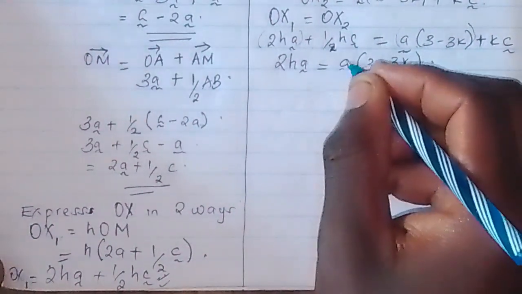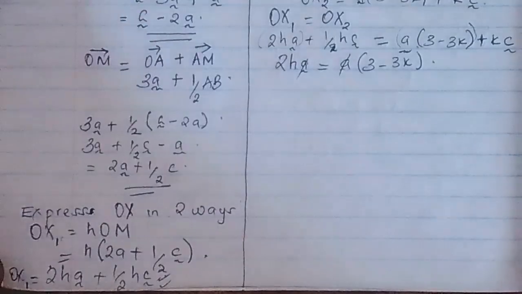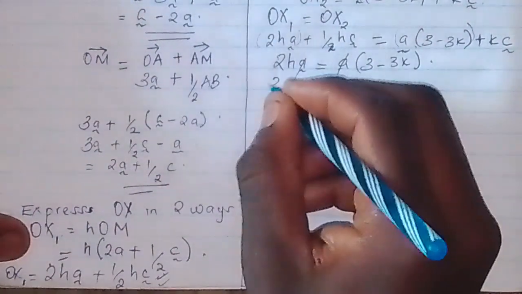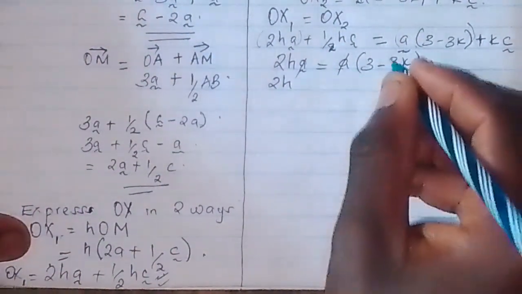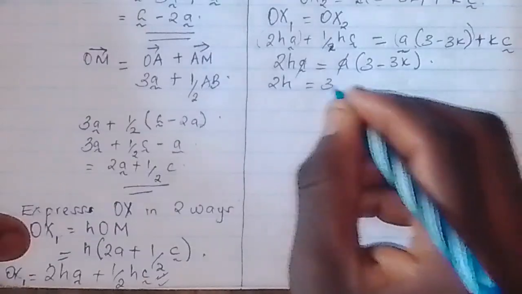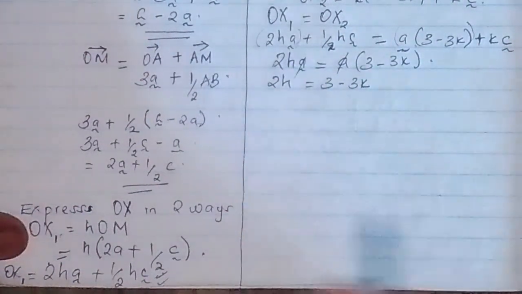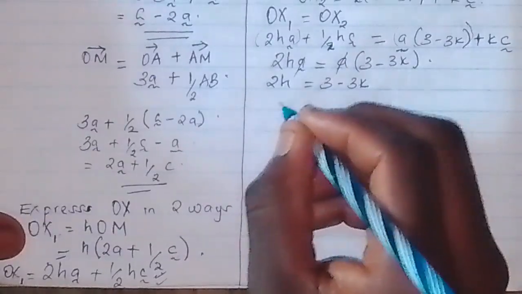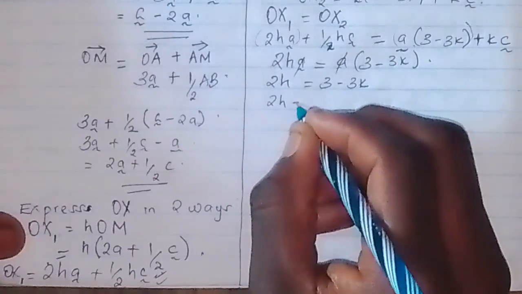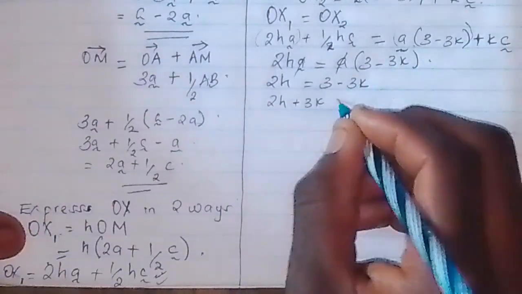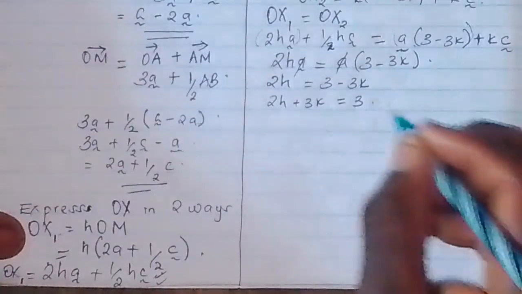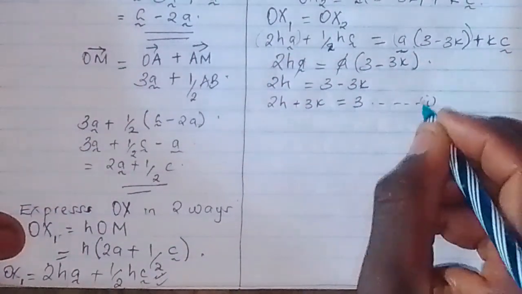Divide across by a, since it is common, it cancels. Then we create an equation that is 2h is equal to 3 minus 3k. So when this crosses, we have 2h plus 3k is equal to 3. That gives us a first equation.